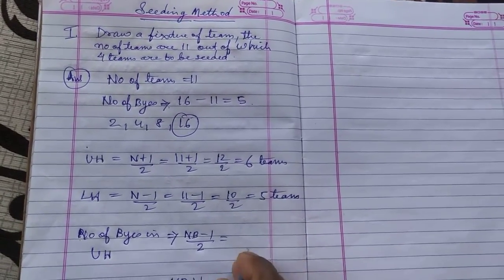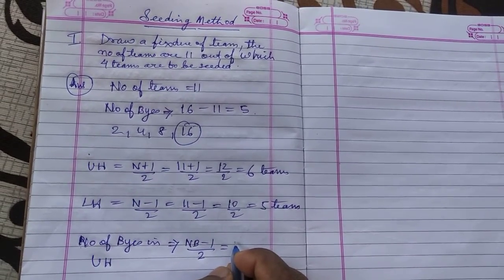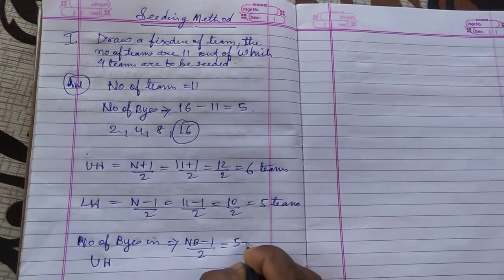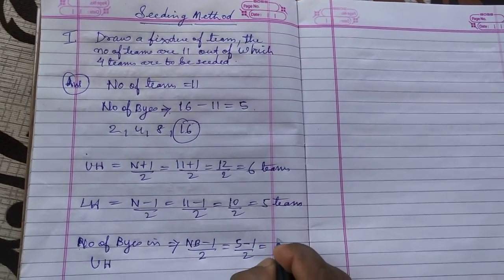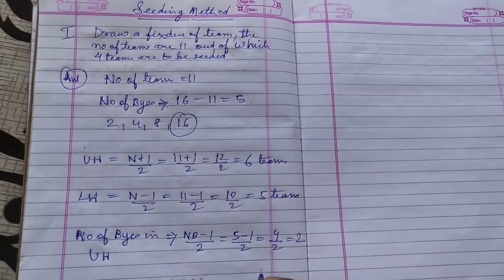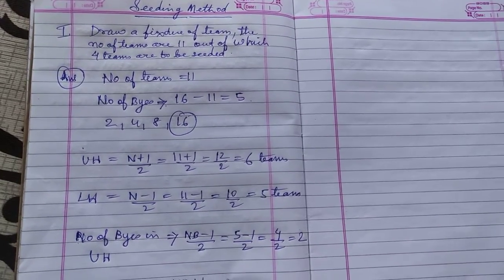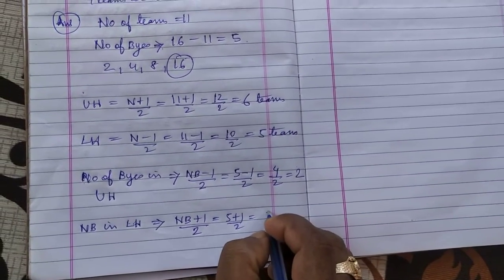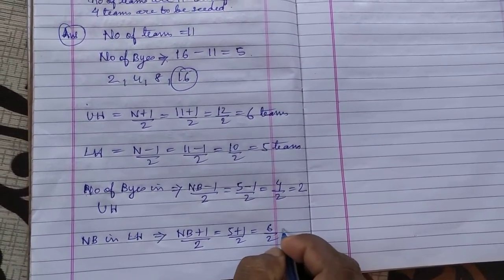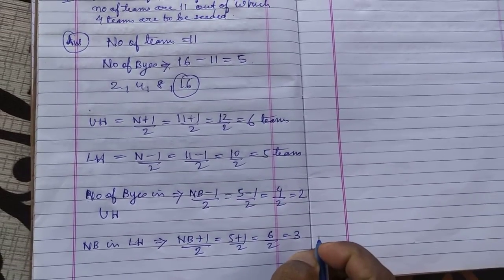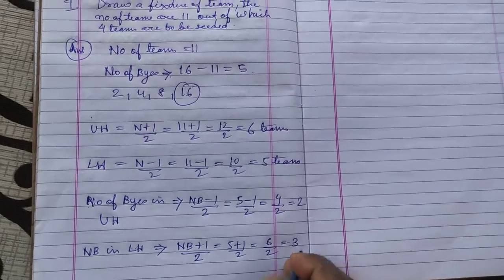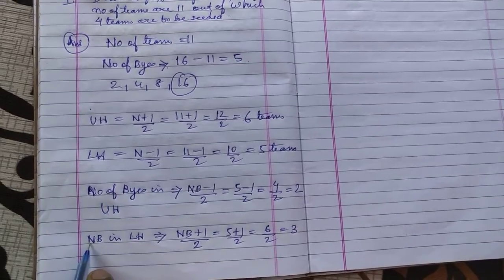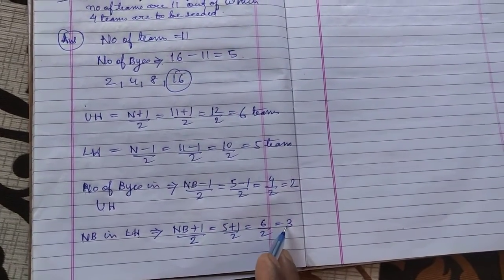So what is NB? Number of byes is 5. In the upper half, 5 minus 1 by 2 is equal to 2. In the lower half, 5 plus 1 by 2, that is 6 by 2, which is 3. So in the upper half the number of byes is 2, and in the lower half the number of byes is 3.